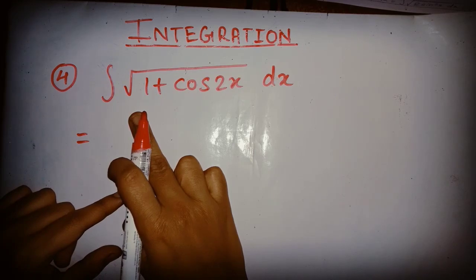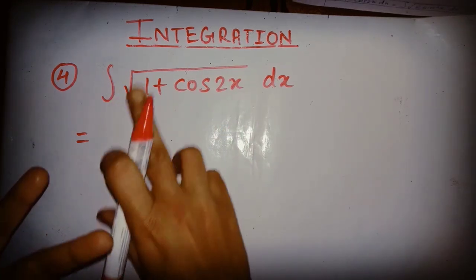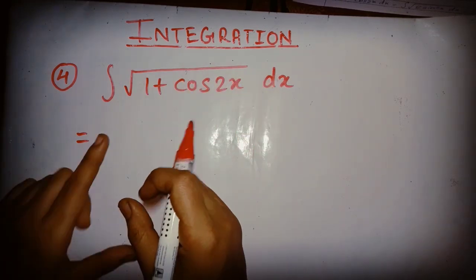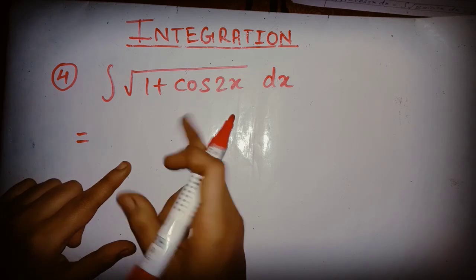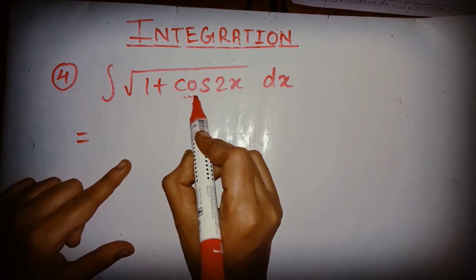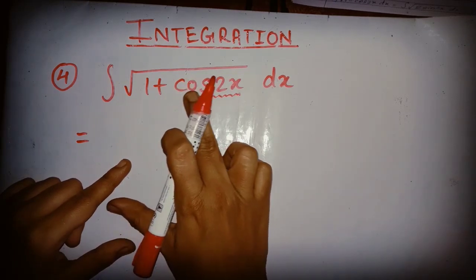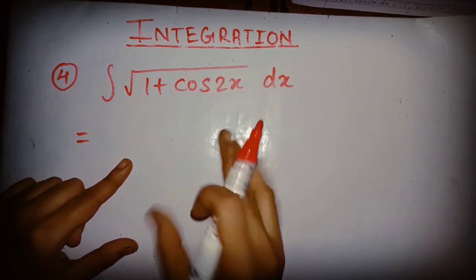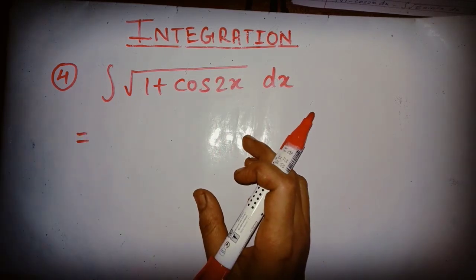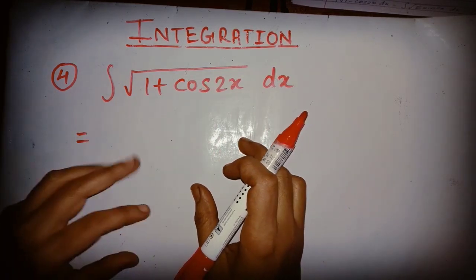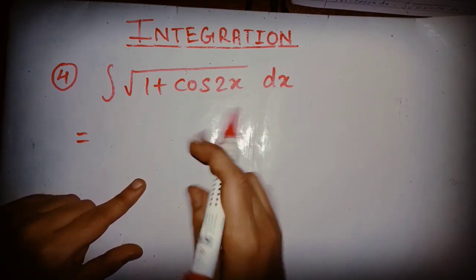Now here in the integral you have some function inside the root, which is 1 plus cos 2x. Whenever you see this type of trigonometric function, you have to use the trigonometric identities which you have learned in your 11th standard. So what is the value of 1 plus cos 2x?